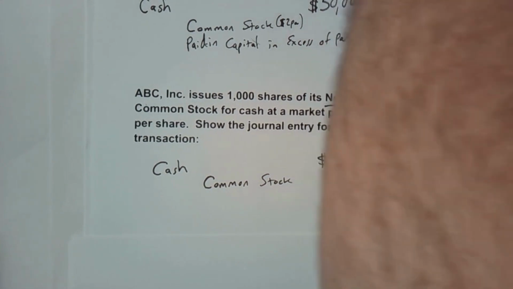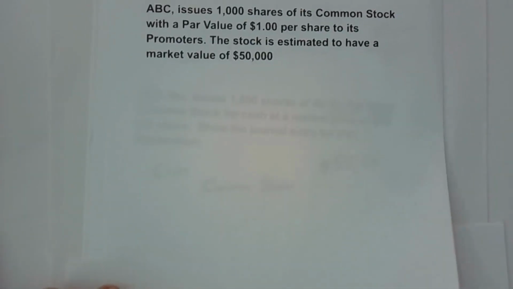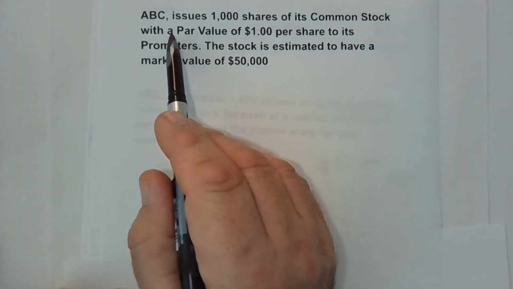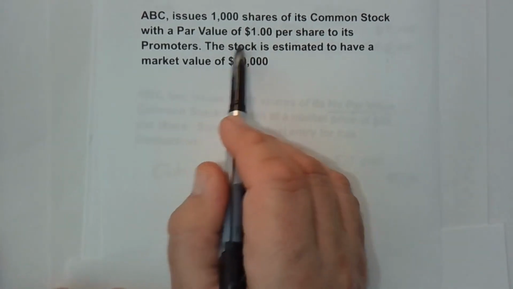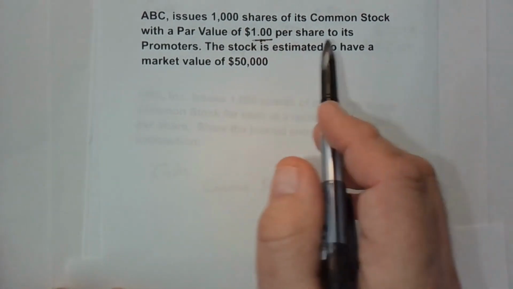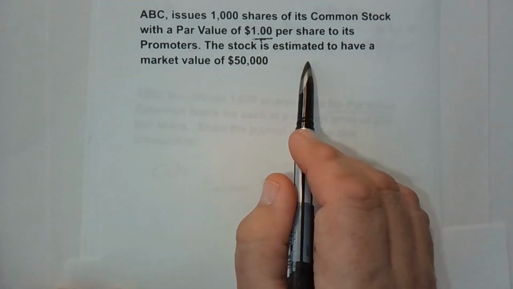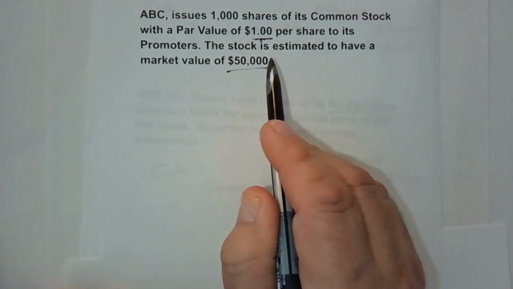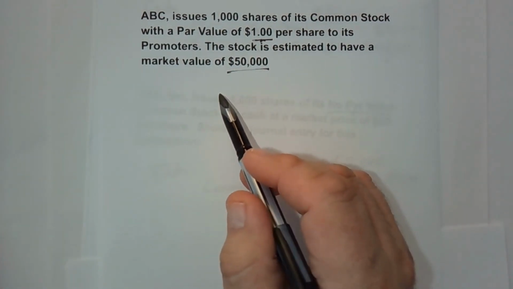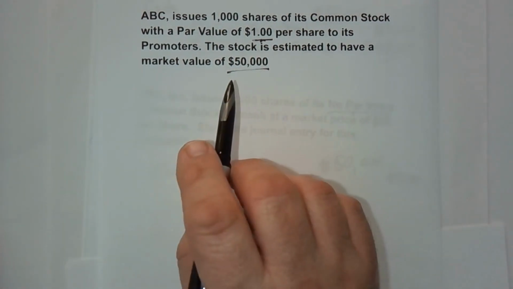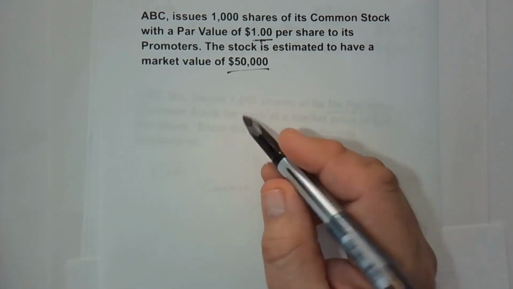Let's do one last example. In this case, the same company, ABC, issues 1,000 shares of common stock with a par value of $1 per share to its promoters. The stock is estimated to have a market value of $50,000. So the promoters of the company are the ones that help start the company. Before the company is up and running, the promoters are out there getting it set up, getting it organized, getting the legal and accounting work done, finding the investors.